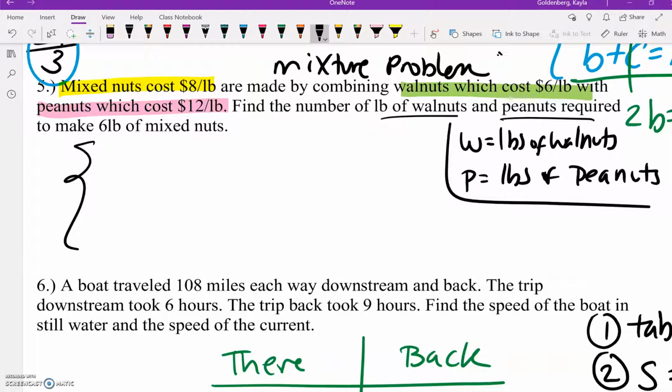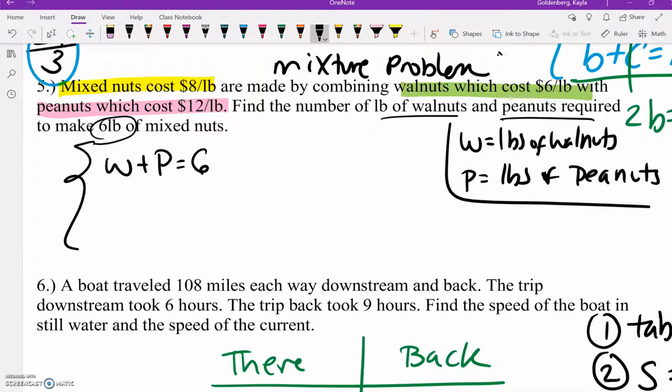Remember, the gimme is always about your total. If I want a 6-pound bag, I need pounds of walnuts plus pounds of peanuts is equal to 6. Yeah, if you want a 61-pound bag of mixed nuts, you might be a squirrel. So that's always the easiest one, right? It's the total.